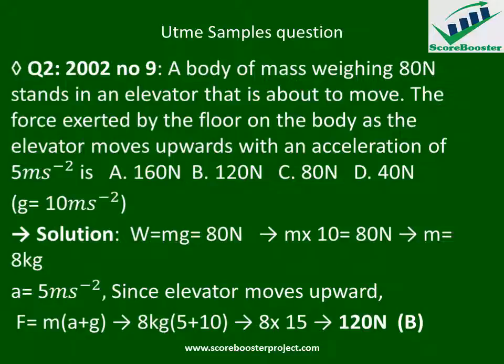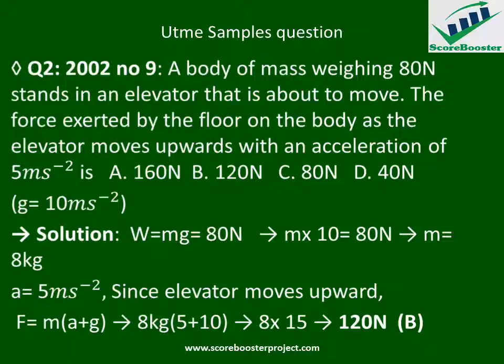So W equals mg. Our m is what we want to find now, times g, which is 10, equals W, which is 80 Newton. So we can divide both sides by 10 to make m the subject of formula, and of course we get m equals 8 kilogram.